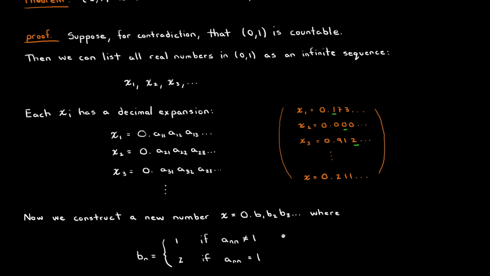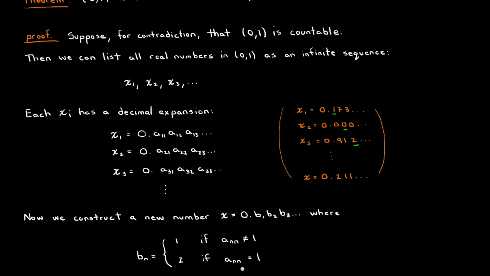To make this a little bit more concrete, let's take a look at an example. Let's suppose x1 happens to be 0.173 and so on, x2 happens to be 0.000 and so on, x3 happens to be 0.912 and so on. Now how do we construct this new number x? We look at the first digit of the first number and apply the rule.